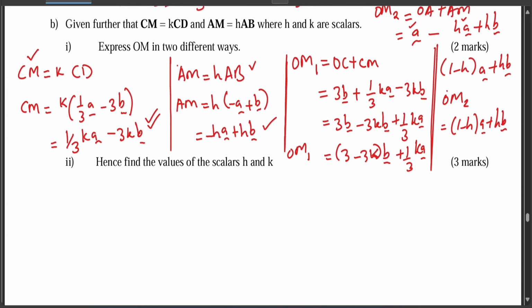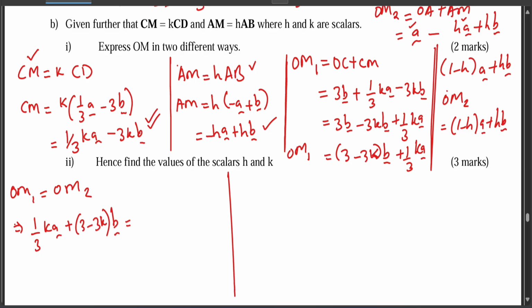So to find the values of H and K, which is basically easy, we just equate the OMs. Now OM1 will just equal to OM2 because it will give you the exact same answer. So for the first OM, let me start with vector A. So nitaanza kuandika a third KA plus 3 minus 3KB is equal to 1 minus H, that's OM ya pili, vector A plus HB.